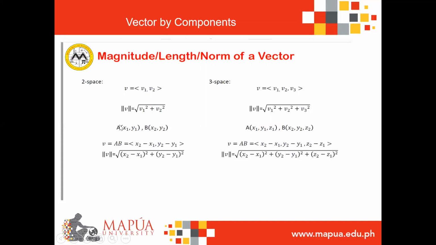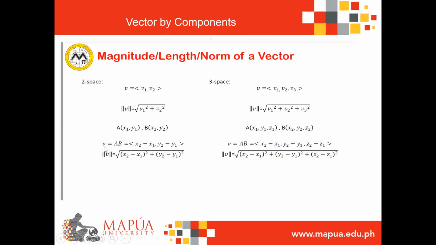If we have a line segment whose initial point is A with coordinates x1, y1, and a terminal point B with coordinates x2, y2, then we can define a vector on line segment AB, denoted v equals AB, whose components are the difference of the coordinates of the two points, starting from the coordinates of point B minus the coordinates of point A. That is x2 minus x1, y2 minus y1 as the components of vector AB.